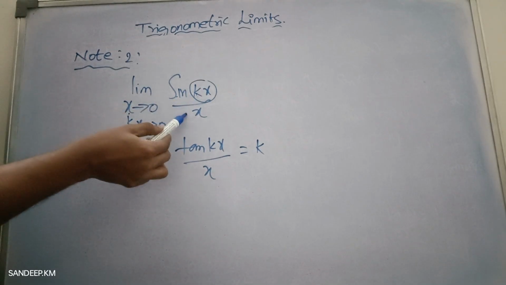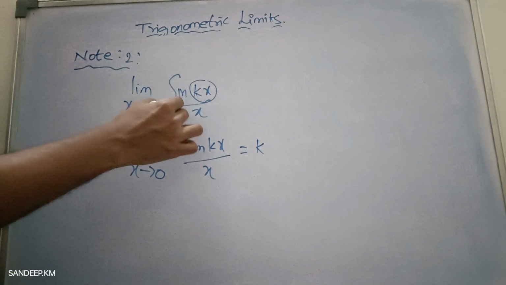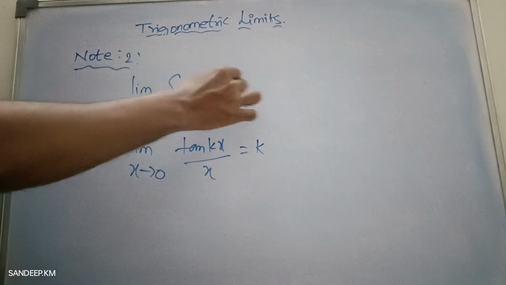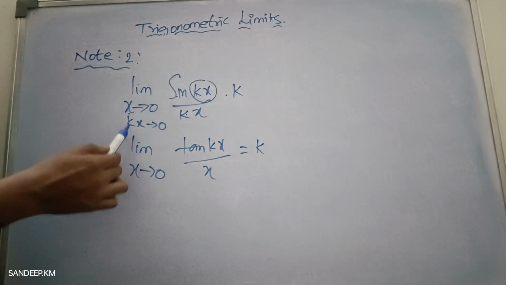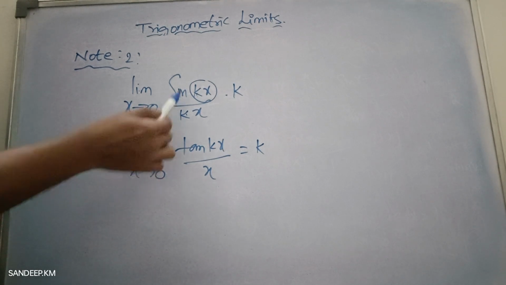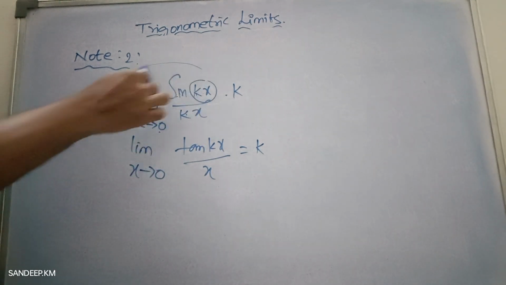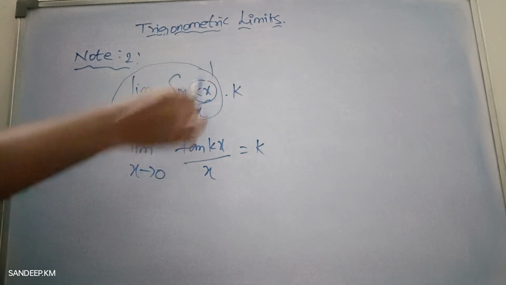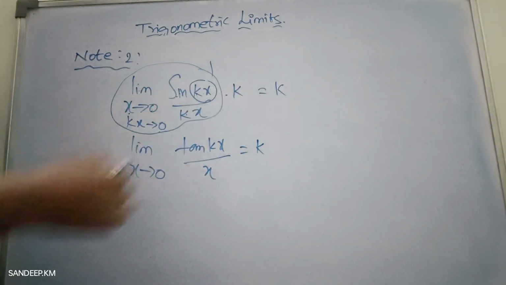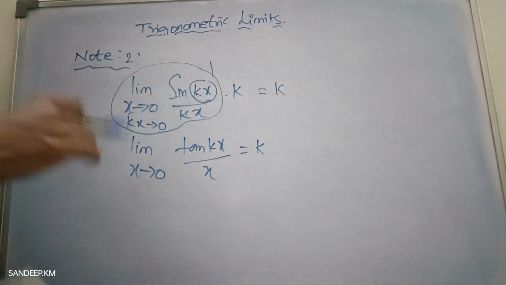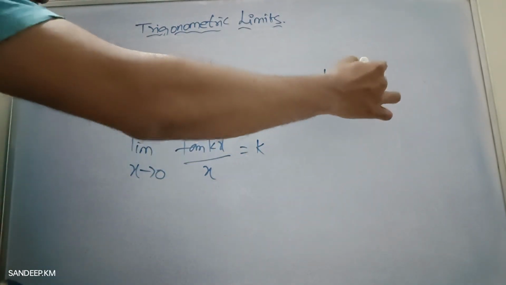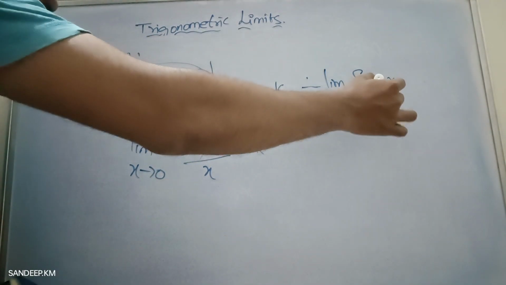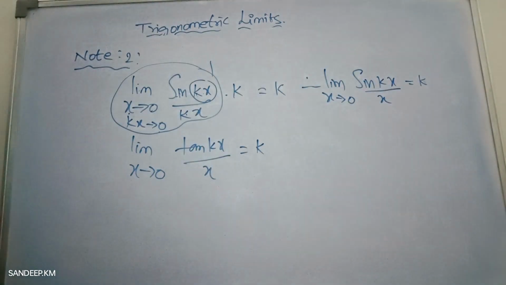Then in the denominator also I want f(x), so multiply the denominator with k and the numerator with k. Then sin f(x) divided by f(x) is 1, so 1 into k will be equal to k. Therefore, dear students, limit x approaches 0, sin kx divided by x is directly equal to k.